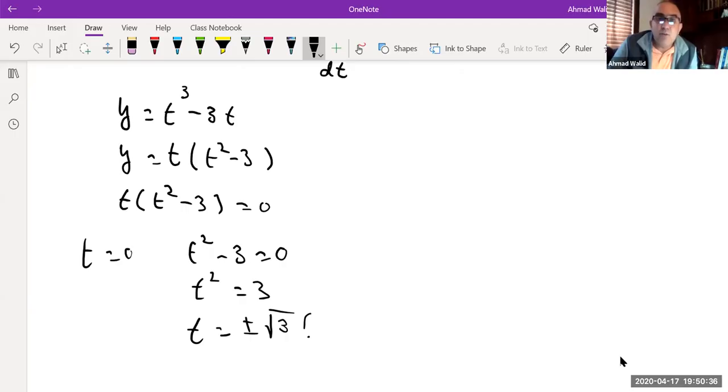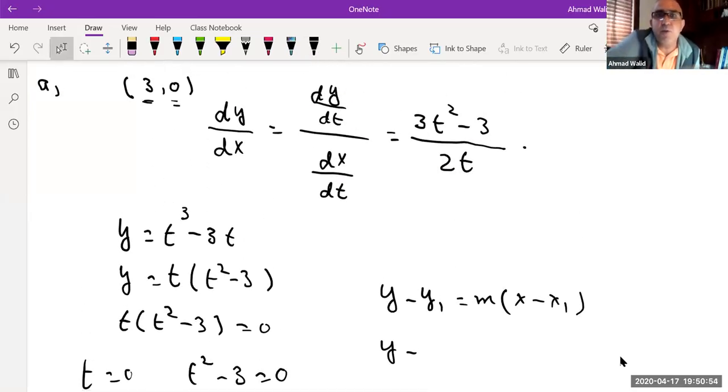This actually shows that you have two tangent lines, correct? To find the equation of the tangent line, I know y minus y1 equals m times (x minus x1). Then y minus y1, how much is y1? It's given to you. Equals m. What is your slope?